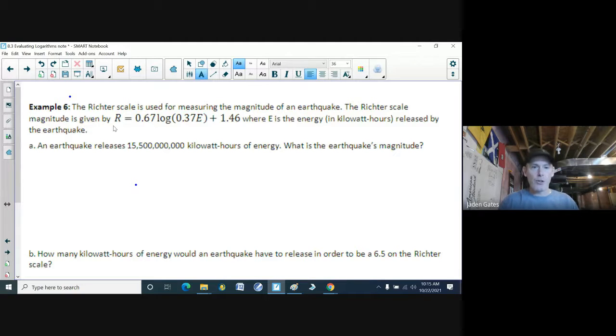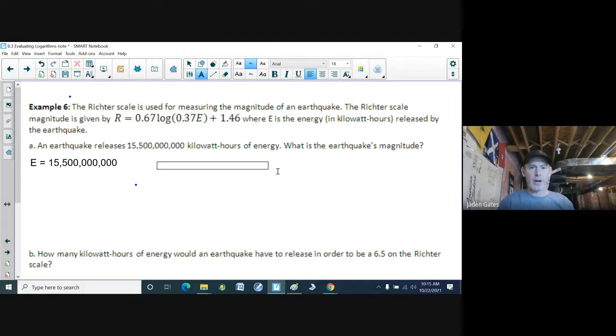All right, so we're going to use our formula up here. What this information is telling us is how much energy has been released. So that's our E value. I don't even know what that number is, but I know it's true. I'm just going to type that in, count the zeros, if you will. So I'm going to substitute into my formula.